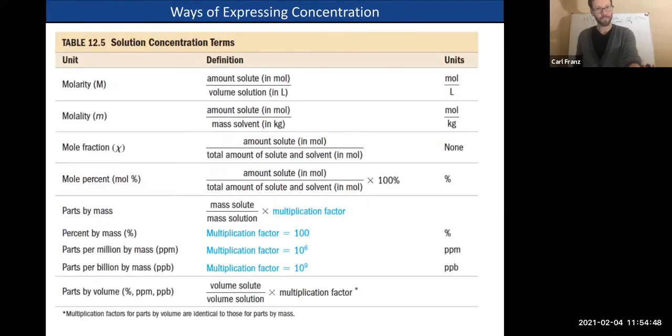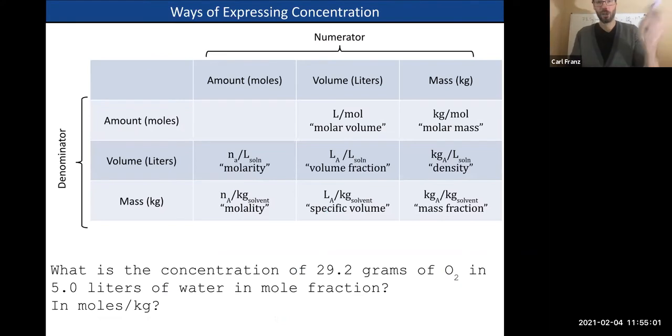But remember to use these tables in the previous couple slides to help you out, to tell you what molarity is, to tell you what molality is, and mole percent, etc. Okay, and if this one works better, then you use this one.